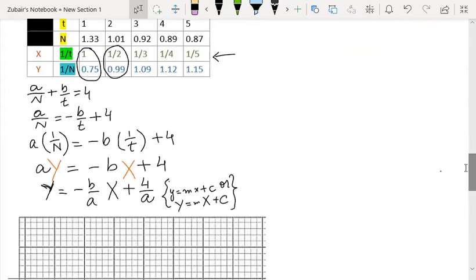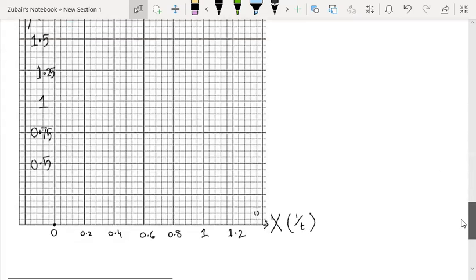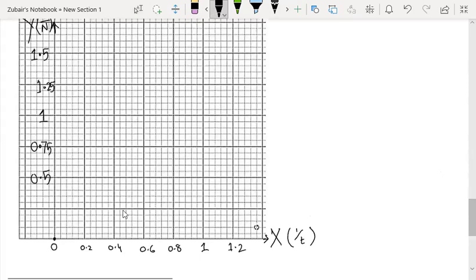Capital X is 1 and 0.75. Okay, 1 and 0.75. So the point should be exactly here.